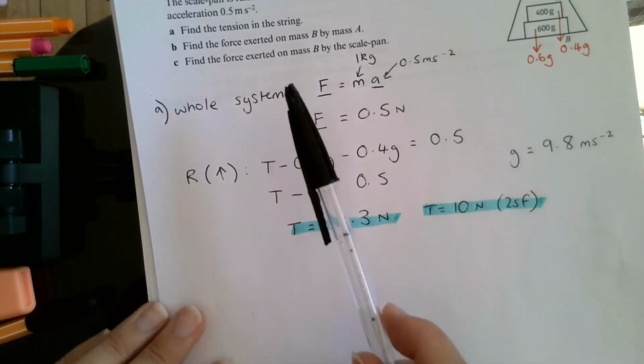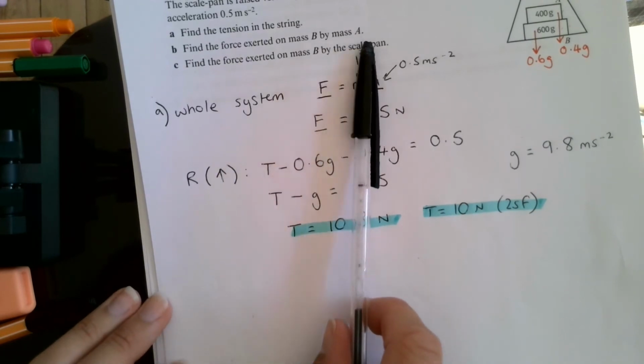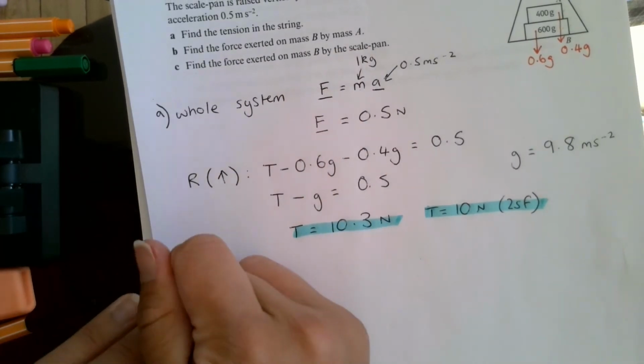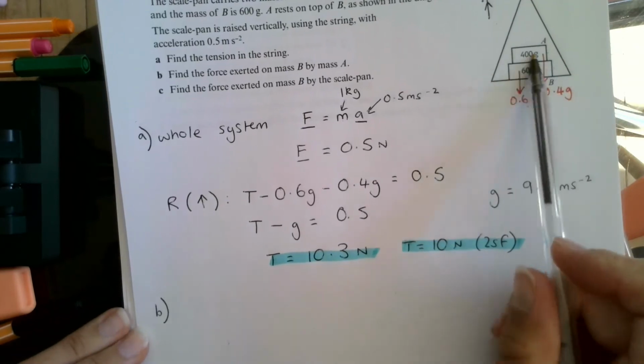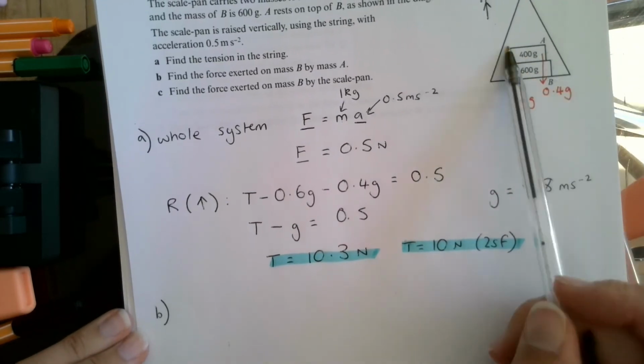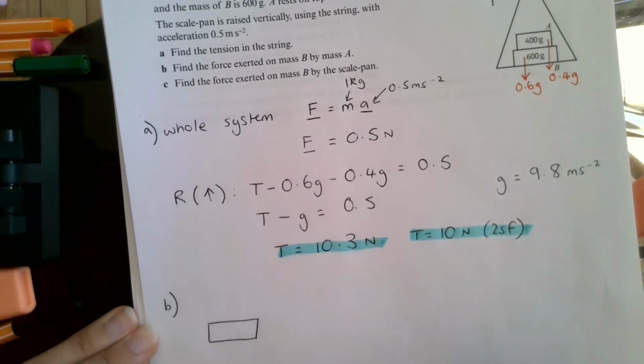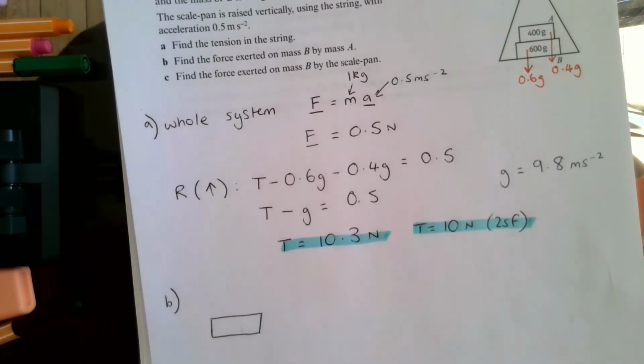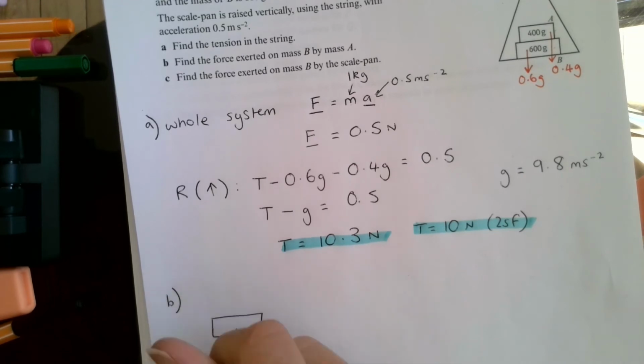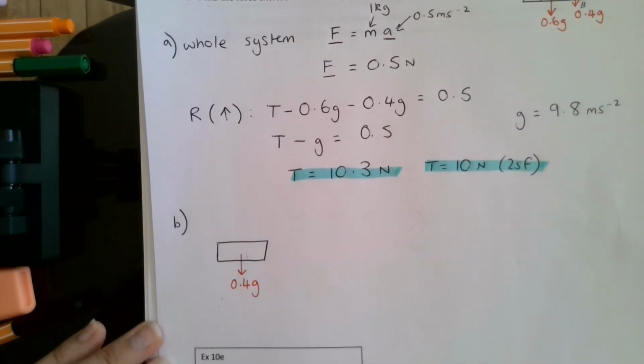Now the next one says find the force exerted on mass B by mass A. So if I'm looking here at mass B or A, I'm going to focus on mass A. So if I draw out mass A, well, I know that the weight downwards of mass A is 0.4 G. Oh, sorry, let me just move that in here.